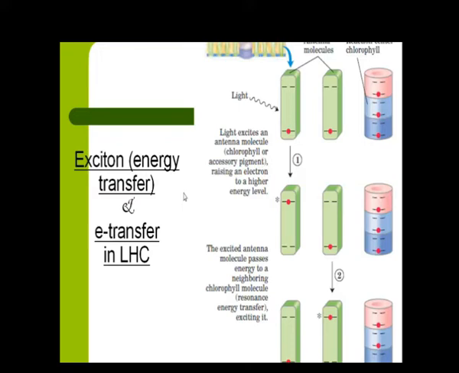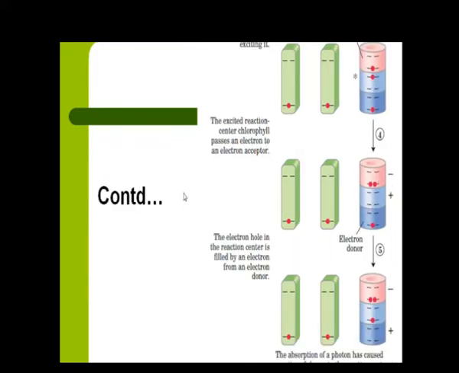So when this comes back to the ground state, the next goes to the excited state. Since this one is closest to the reaction center, it transfers its energy to the reaction center. Here it has come back to its ground state.